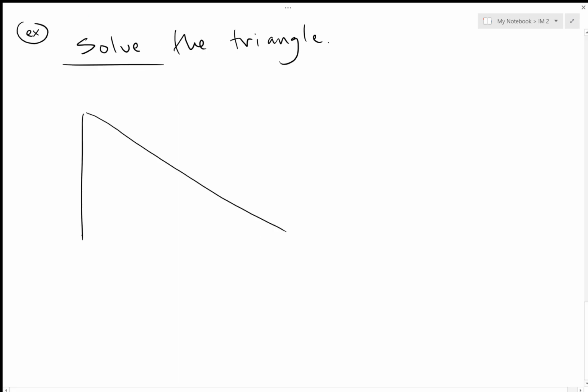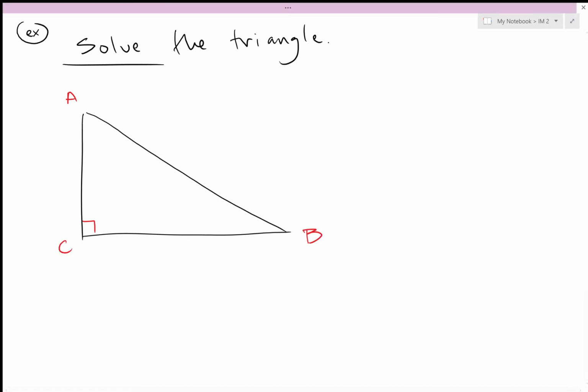So let's make our right triangle right here. Right triangle, angle A, corner B, and corner C. And they're going to give us some more information. This is 7 degrees, or not 7 degrees, that's just 7. And then this corner is 55 degrees. So that's all they're going to give us.